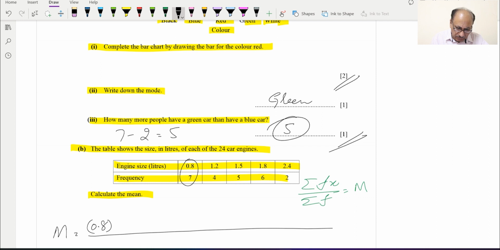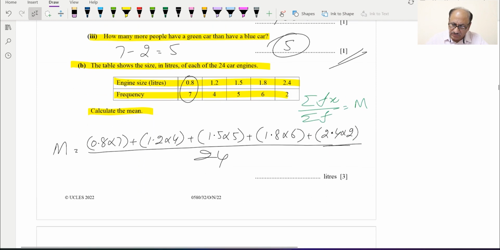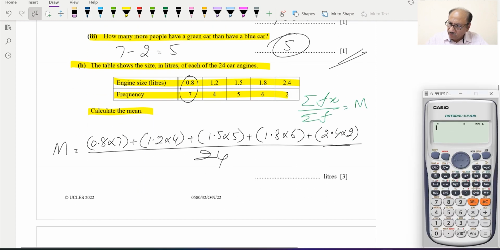So we can write the mean is equal to 0.8 multiplied by 7, plus 1.2 multiplied by 4, plus 1.5 multiplied by 5, plus 1.8 multiplied by 6, plus 2.4 multiplied by 2, and this will be divided by 24, which is the sum of frequencies. We need to calculate carefully, it's a little lengthier calculation.